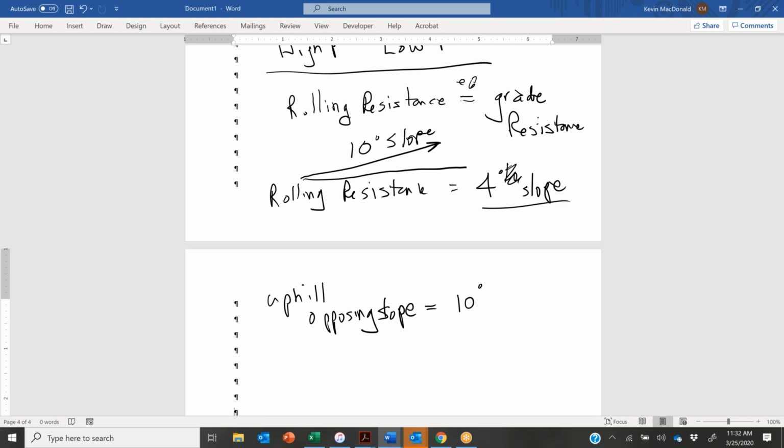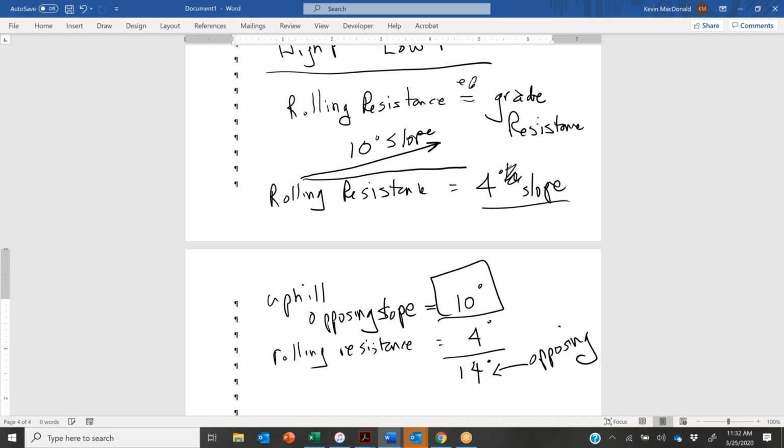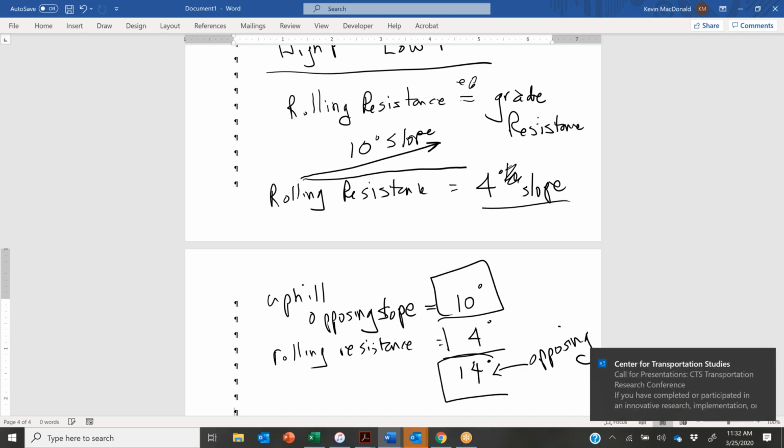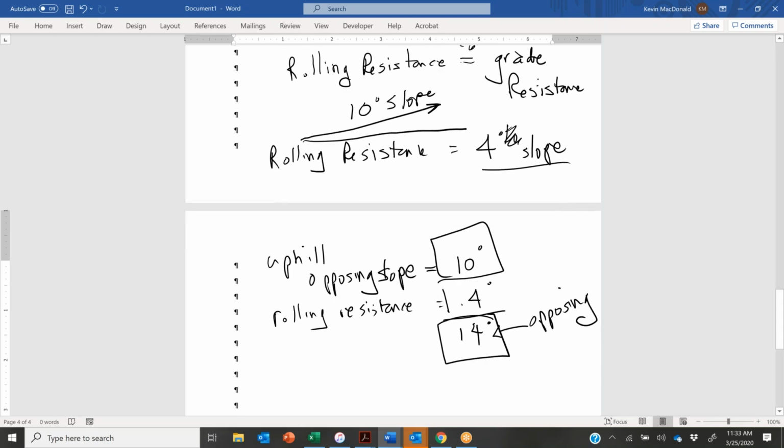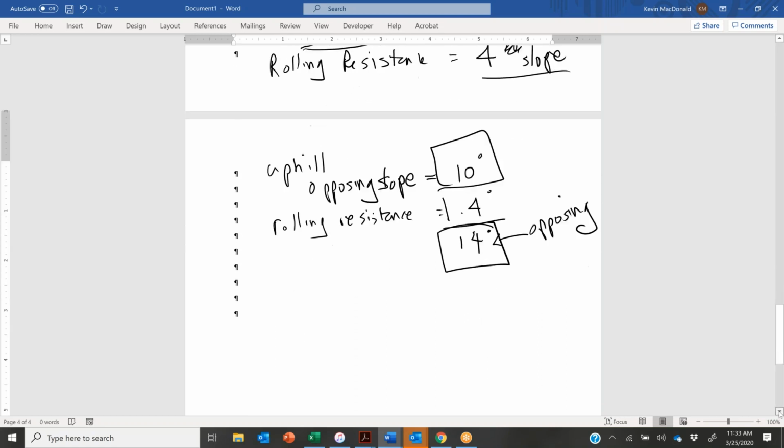And then I have a rolling resistance that's equal to 4 degrees. So my total opposing is 14 degrees. And so it's the equivalent, even though the grade is only 10 degrees, of trying to climb a 14-degree opposing slope because we have our rolling resistance. And rolling resistance is always resistance in that same grade area.